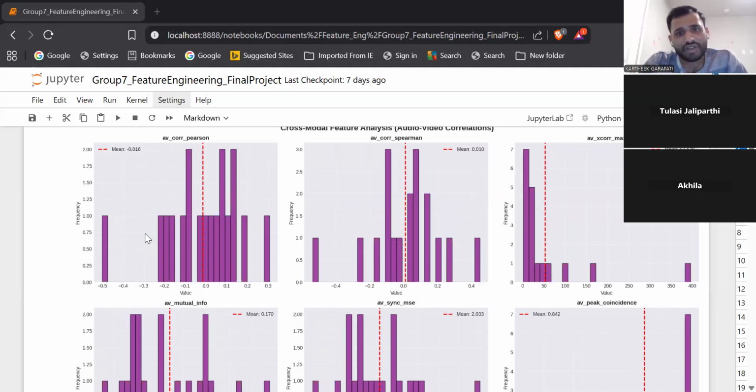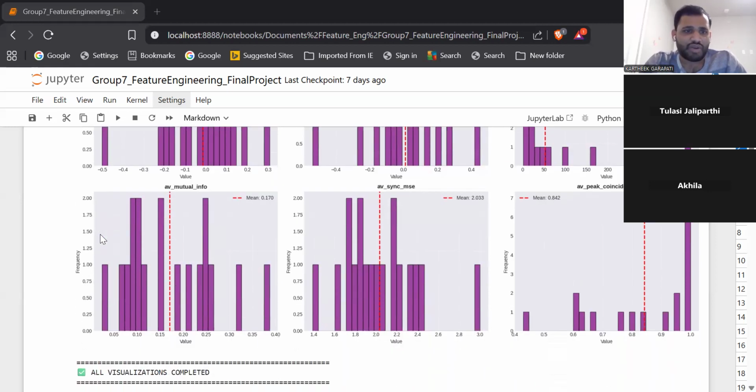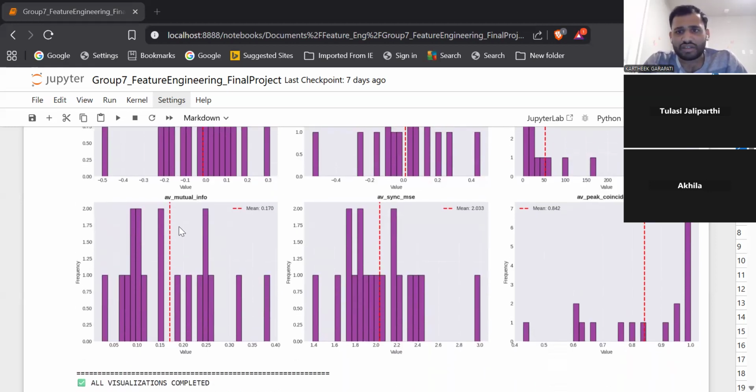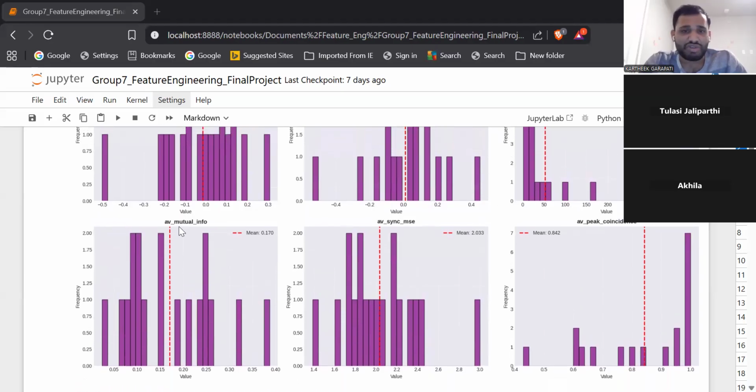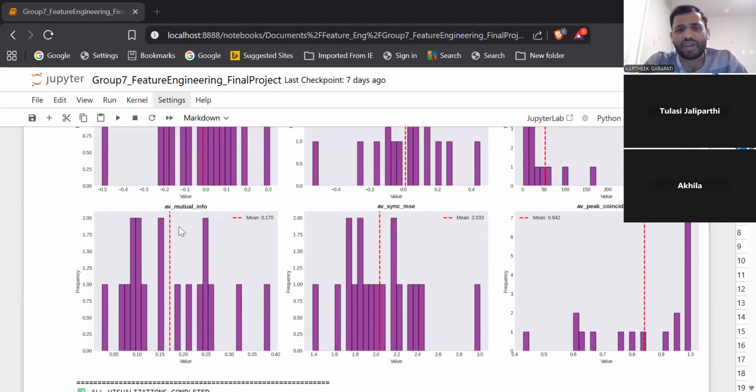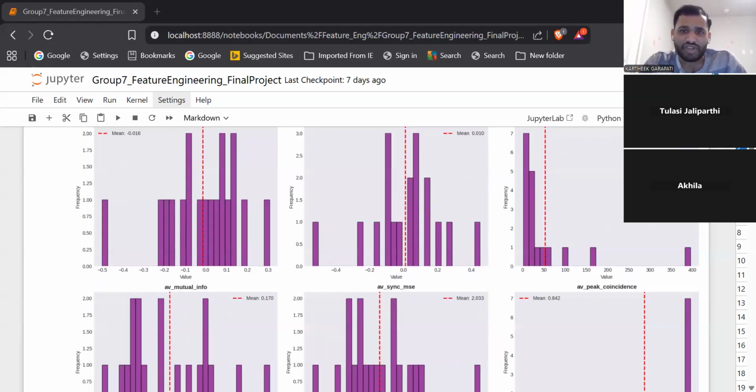Mutual information of 0.5 to 1.5 bits confirms modalities share meaningful information. The synchronization MSC of 0.5 to 0.1 shows reasonable alignment. Peak coincidence ranges from 0 to 0.8, and many are above 0.5 among all the visualizations, meaning most audio events match visual events.